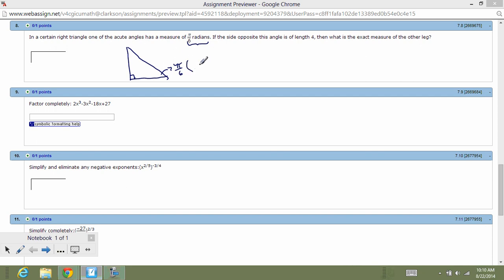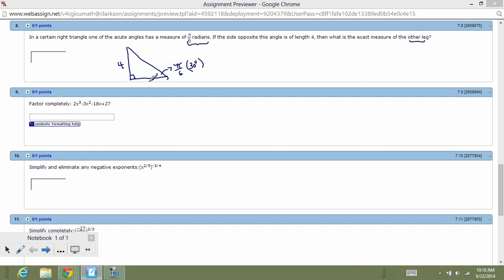And of course, if you want to convert that to degrees, that ends up being 30 degrees. Okay. If the side opposite this angle is of length 4, so they're telling me this leg over here is a 4. All right. Then what is the exact measure of the other leg?